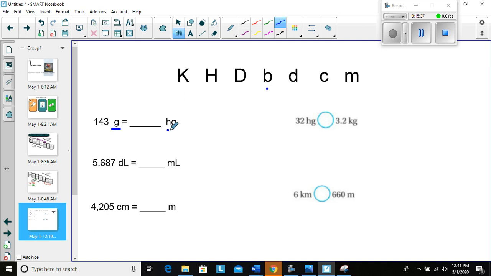And they want to change it to hecto, H, that's up here. Now they're not slanted at a ladder, but they're still going over to the left, right? So that means I'm going to jump to the left, 1, 2. So I'm going to take a decimal here in 143. There's no decimal, so I add one in the back. And I'm going to go 1, 2.